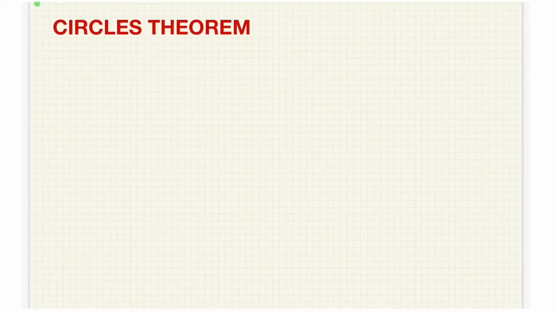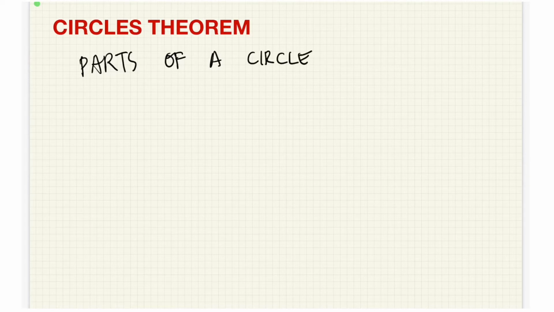Today we will be discussing circle theorems, but before we do that, let's first review the parts of a circle, because we will be using this as we move forward and learn the theorems about circles.